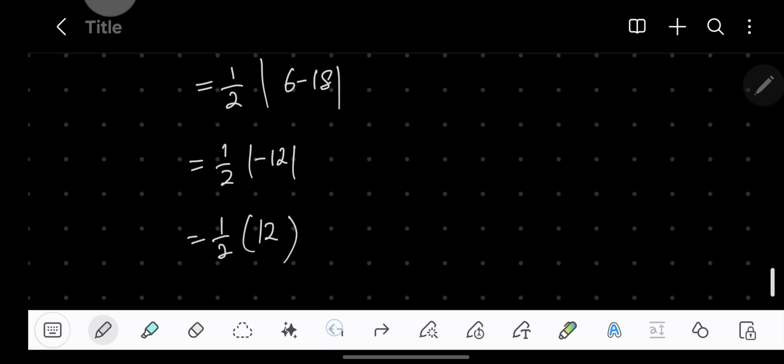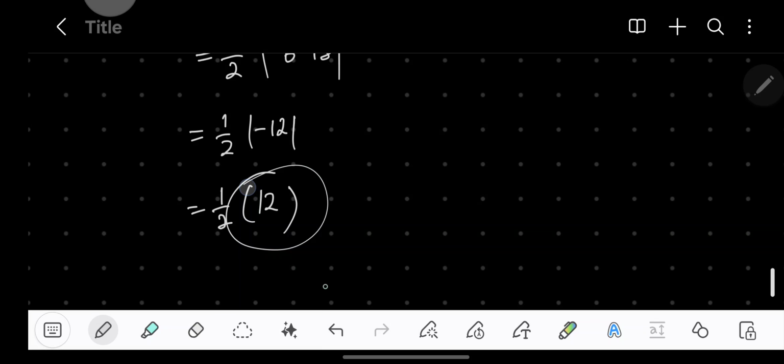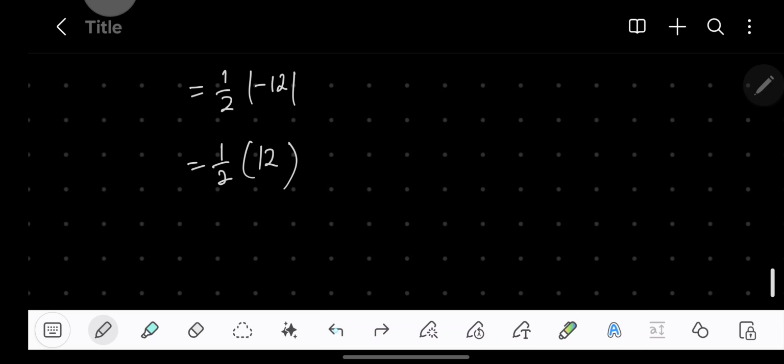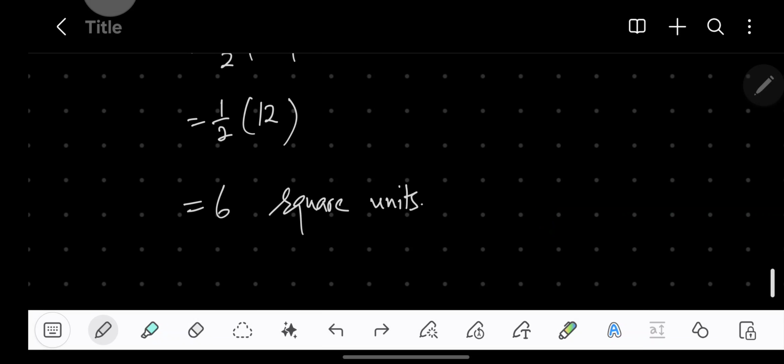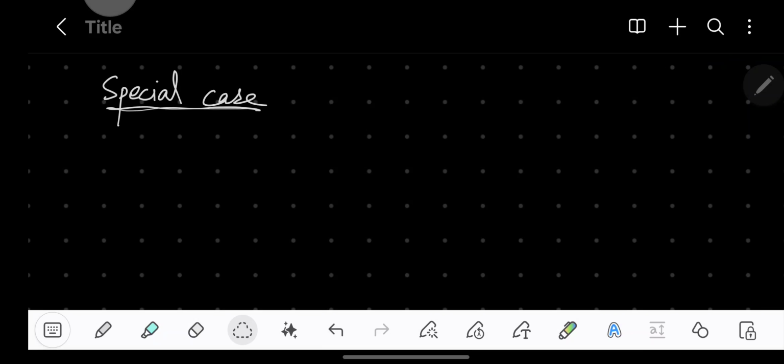So if there is no negative, I will write 1 by 2 times 12 without negative part. So then if I divide 12 by 2, I will get 6. So the area is 6 square units.